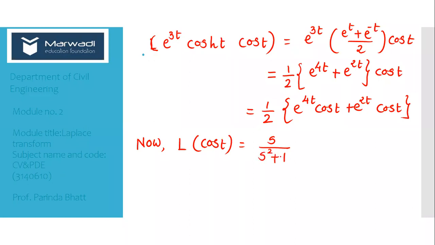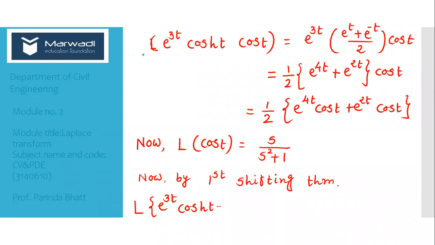s upon s square plus 1. Okay. Now yes Kanavi, very good. Now by the first shifting theorem, Laplace of, I'm writing here the given question, e raised to 3t cosh t cos t is equal to 1 by 2 Laplace of e raised to 4t cos t plus 1 by 2 Laplace of e raised to 2t cos t.